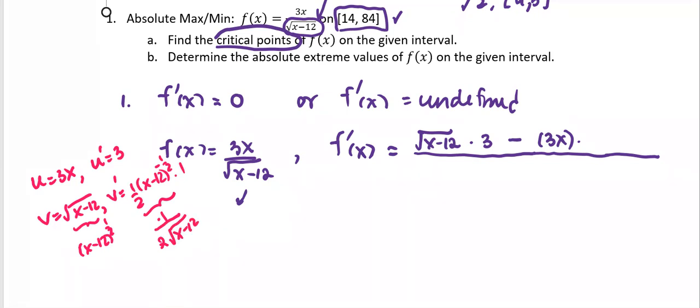Okay, so I'm going to put it back into the quotient rule formula on the main part of the problem. The derivative of v, which is 1 over 2 times the square root of x minus 12, divided by the denominator squared, the square root of x minus 12, the quantity squared.